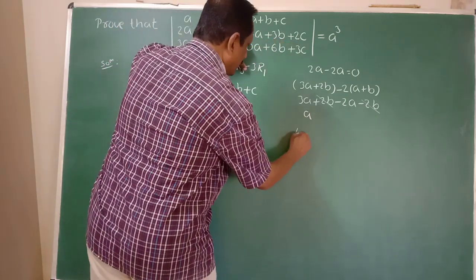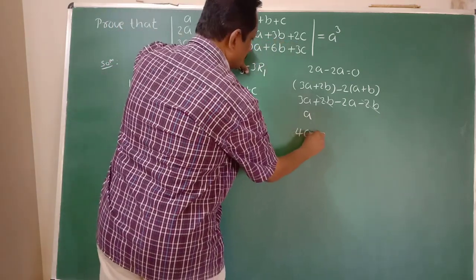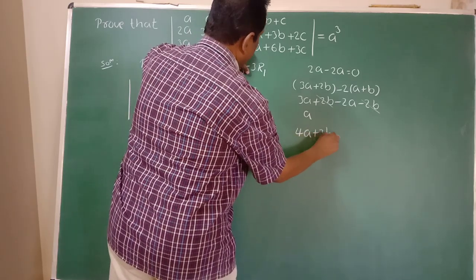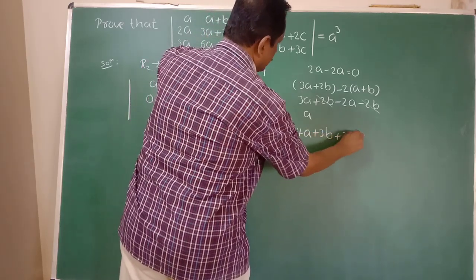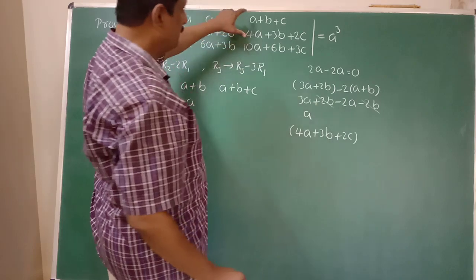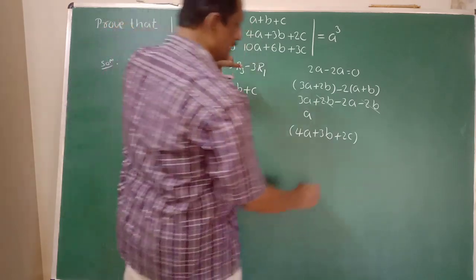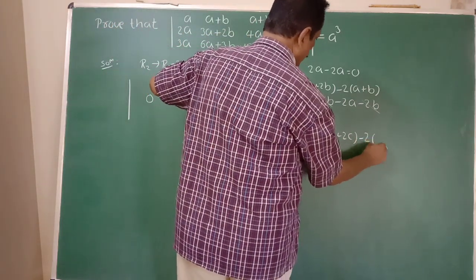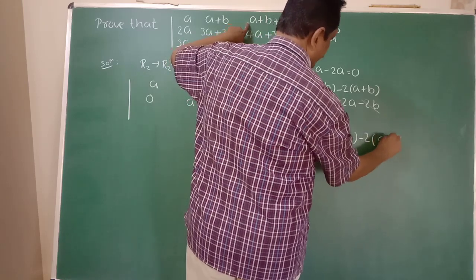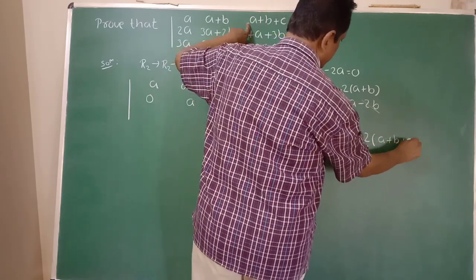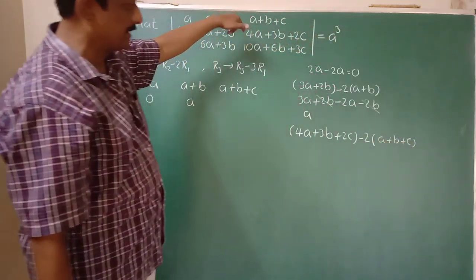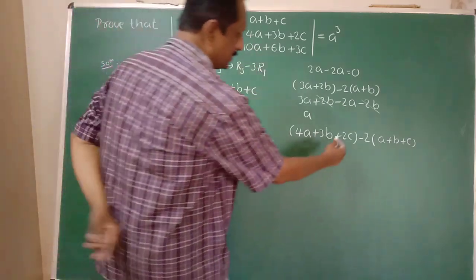4a plus 3b plus 2c, and multiply by 2, then subtract: minus 2 into bracket a plus b plus c. Take the 2 inside the bracket.